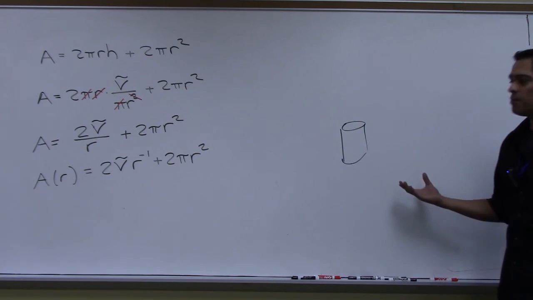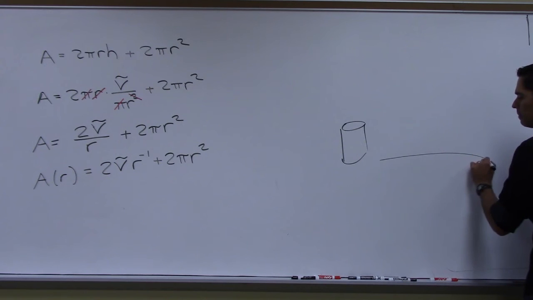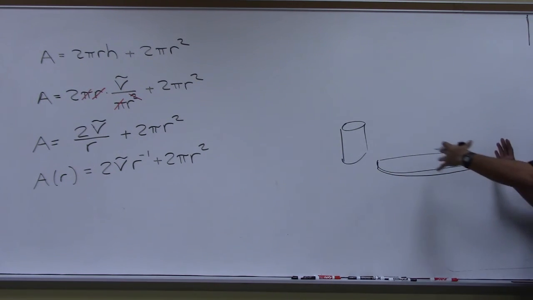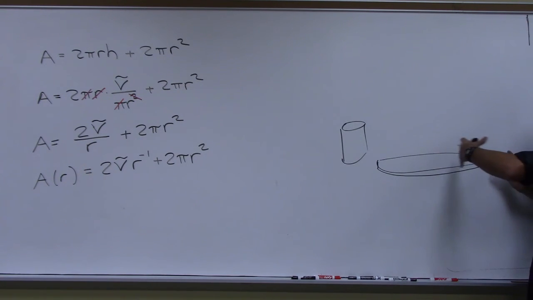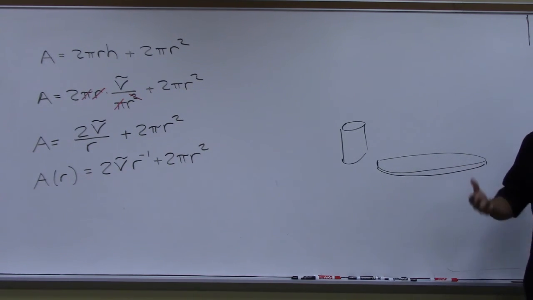But is there a largest radius we can have? I can make a very, very big can like this, right? All I'm doing is, the bigger the radius gets, the smaller the height gets, right? And theoretically, I can go as small as I need to with the height. As r gets bigger, the height's just going to get smaller. So there is no restriction. I could have a can that's the size of San Antonio that's infinitesimally thin, theoretically, yes? So I cannot restrict r.